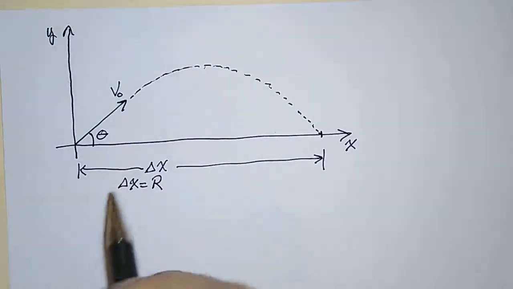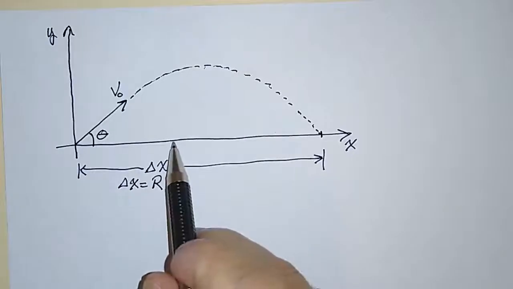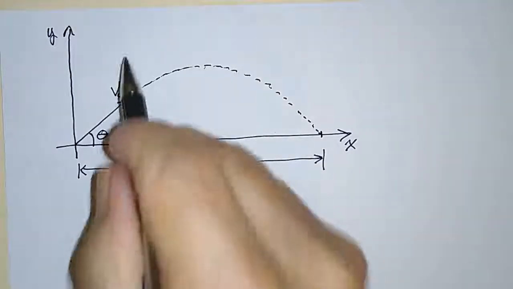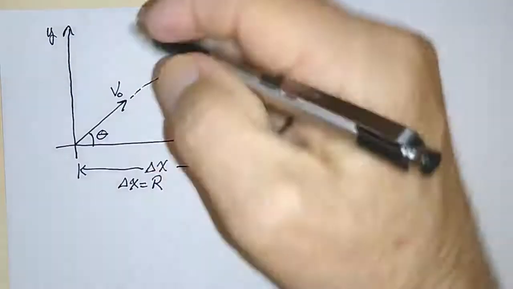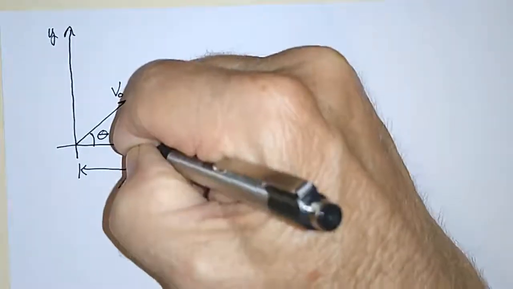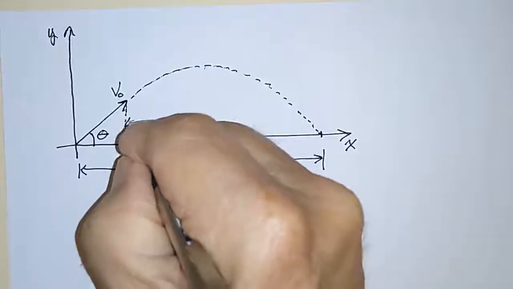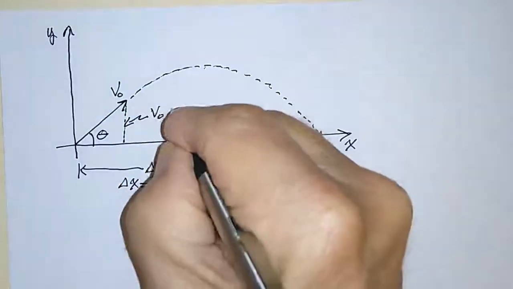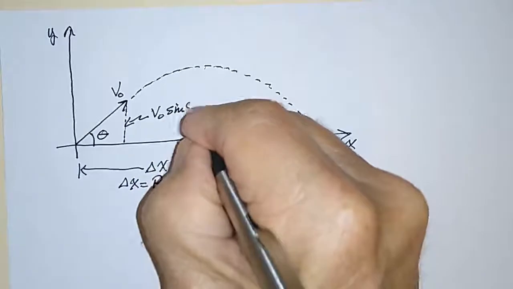So what we have to realize is that what happens in the x direction is independent of what happens in the y direction. And I'm going to write what the y component of the velocity is. This is just equal to v0 times sine theta.